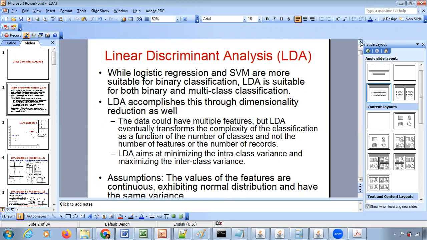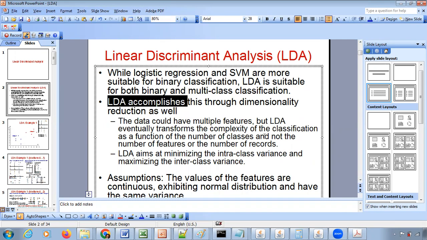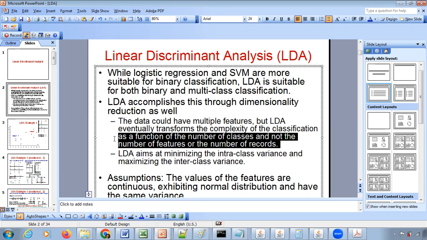Also, we will notice that the complexity of LDA does not really depend on the number of features or the number of records you have in your data set. It really depends on the number of classes that you have.